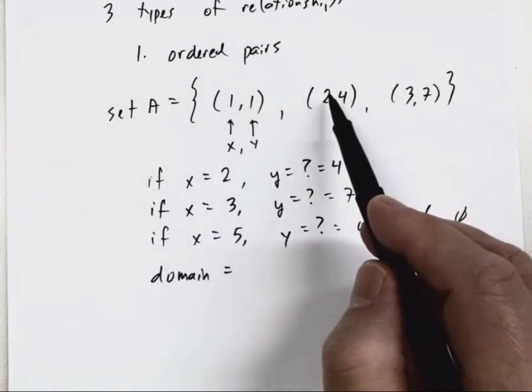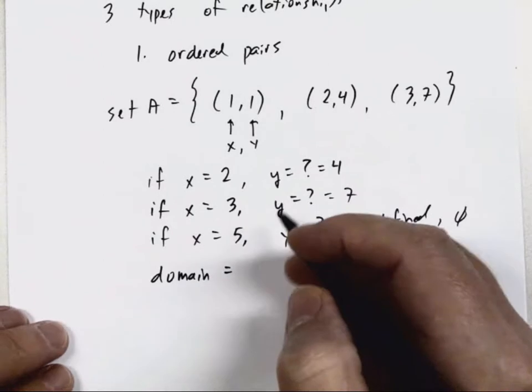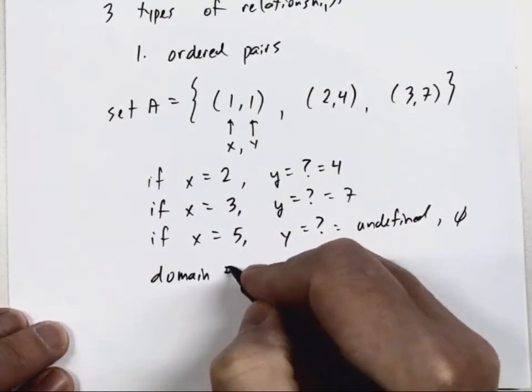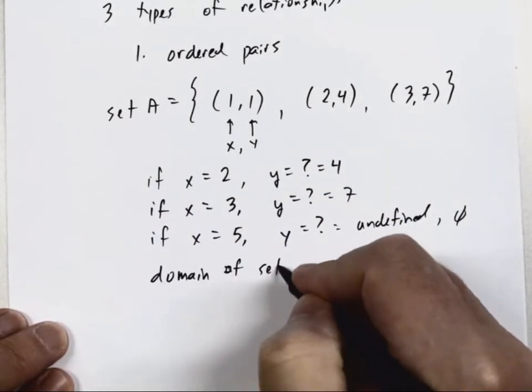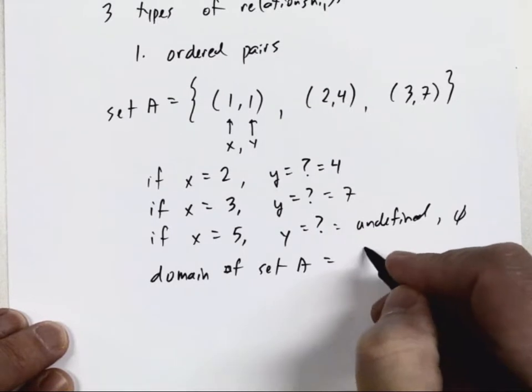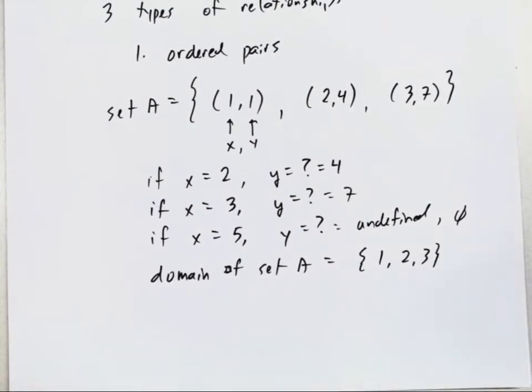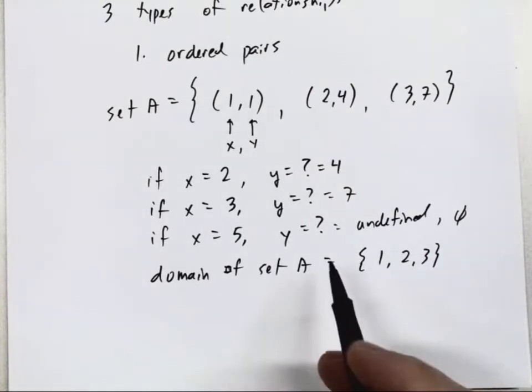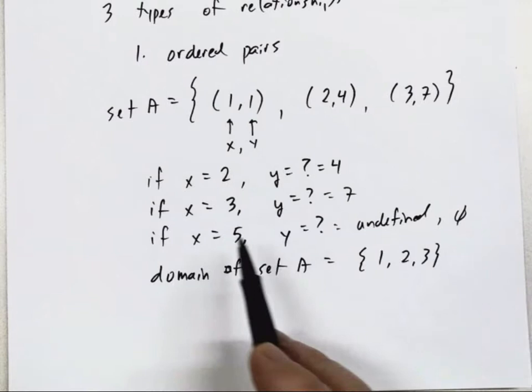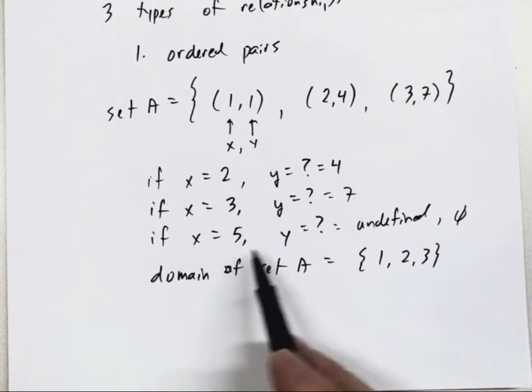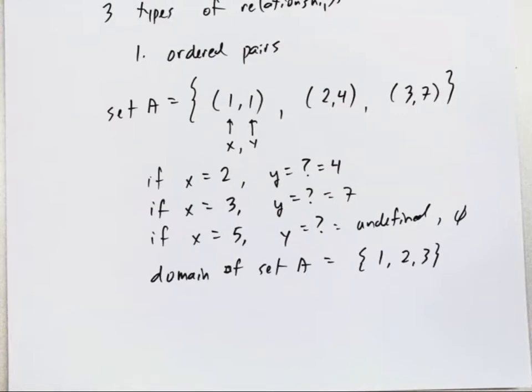The number 1, the number 2, the number 3. So for set A, let me write, the domain of set A equals 1, 2, 3. That's it. For set A, those are the only possible values of x. In other words, x equals 5 is not in the domain of set A. That's why I cannot do anything with it.